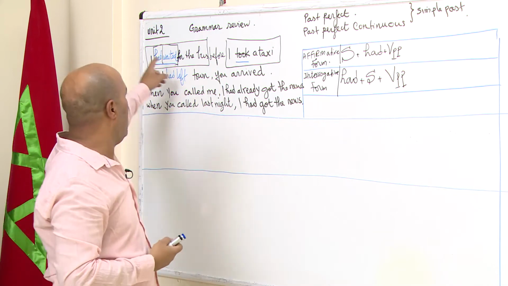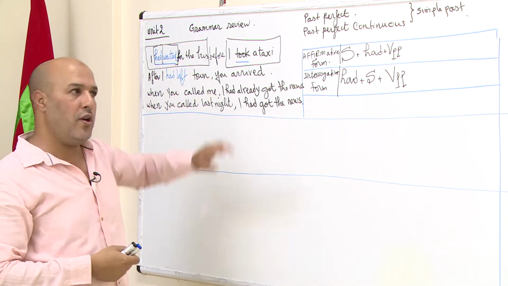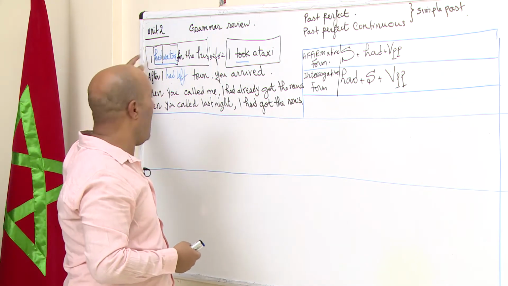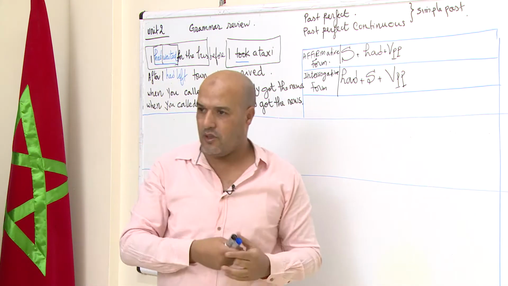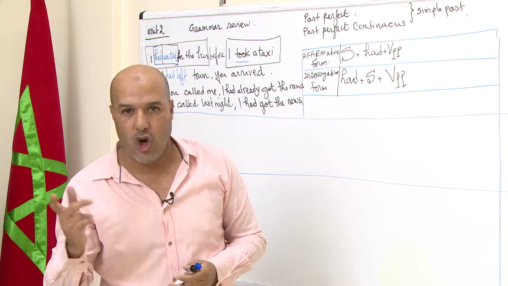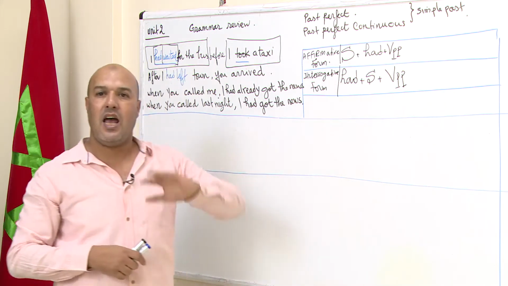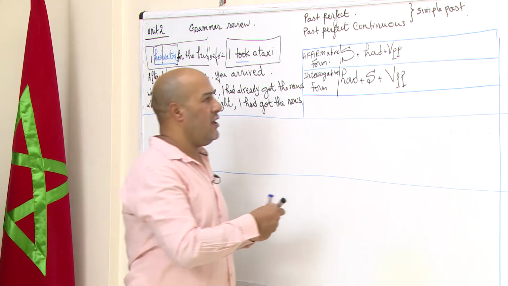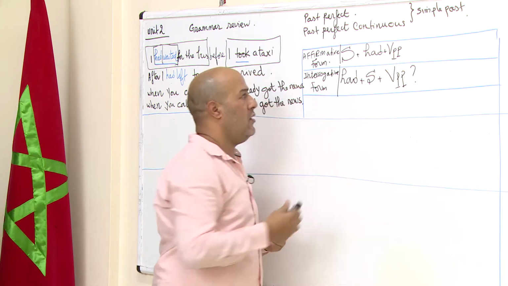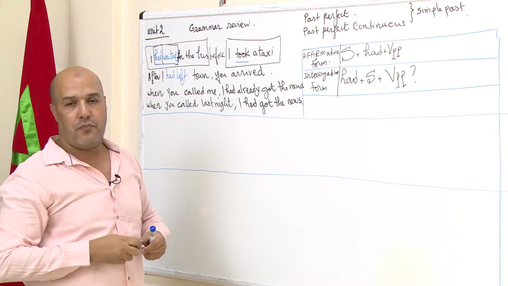For example, we have I had waited, it will be had I waited. I had gone, it will be had I gone. You had looked, it will be had you looked. So this is the interrogative form of the past perfect.